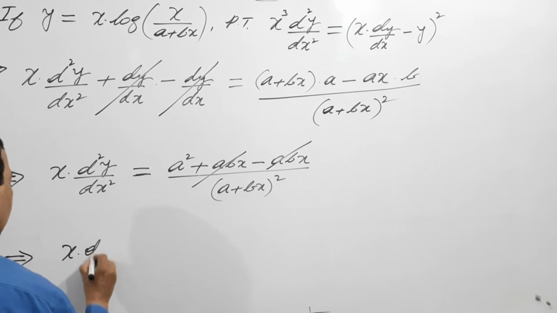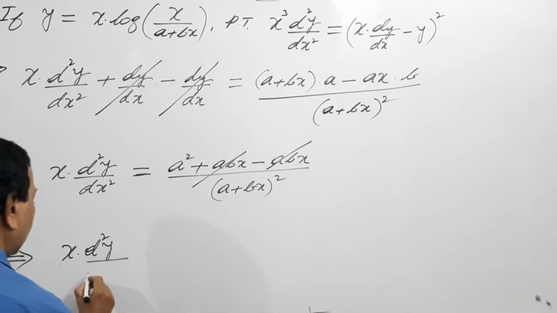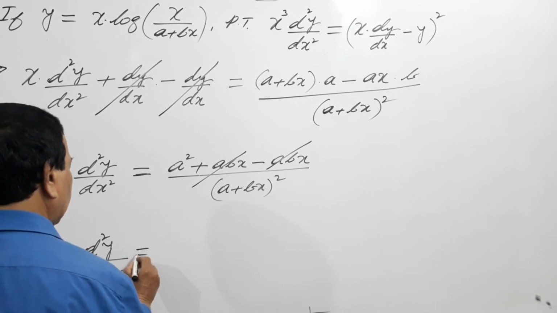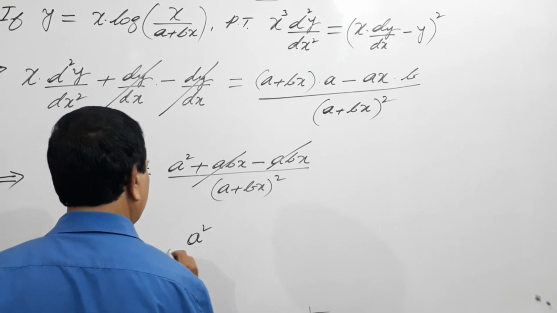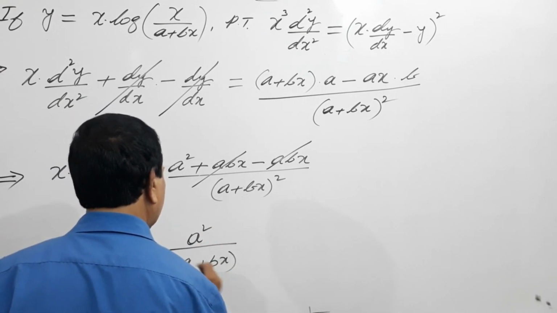X into d square y by dx square equals a square by a plus bx.